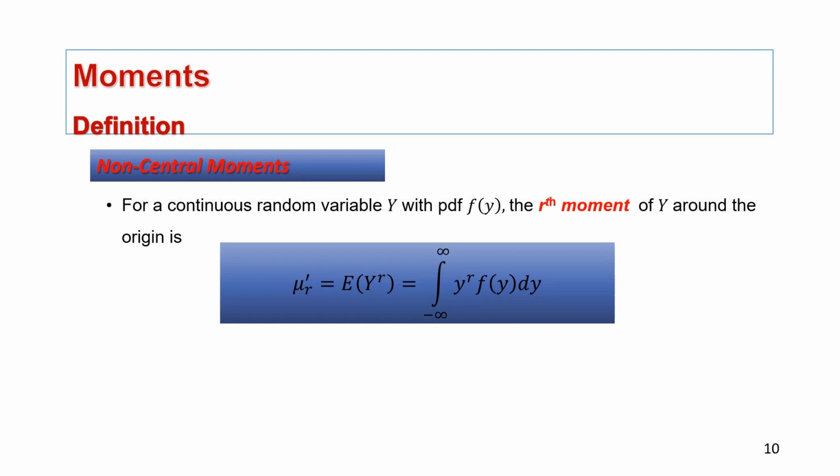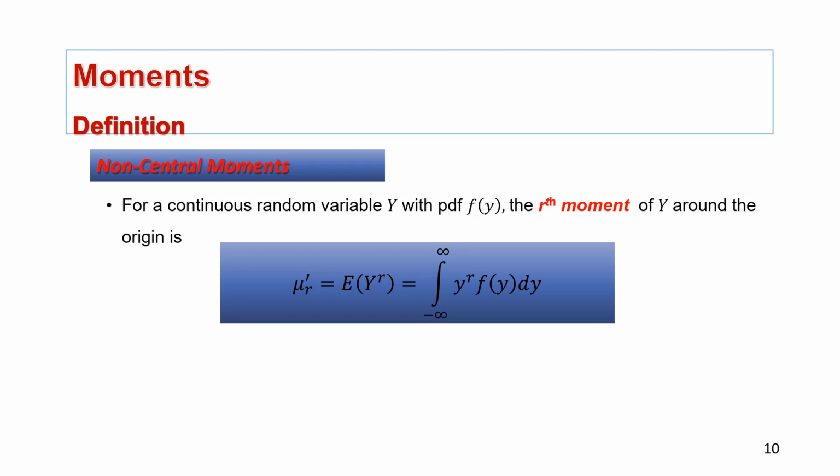The non-central moment is the same as in the case of discrete random variables. It's the rth moment of the random variable around the origin, given by mu dash r, the expected value of y to the power r.